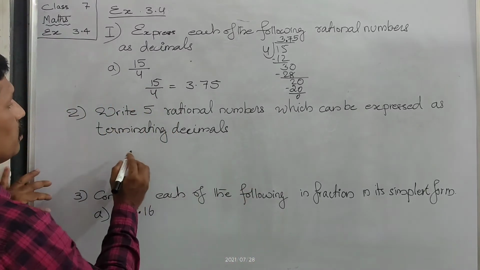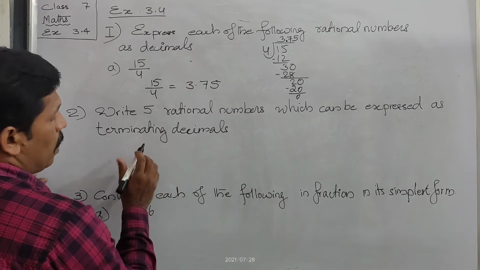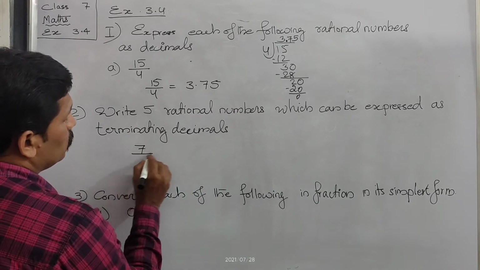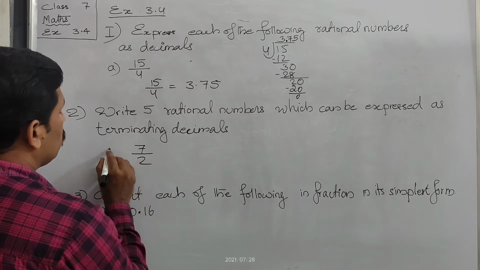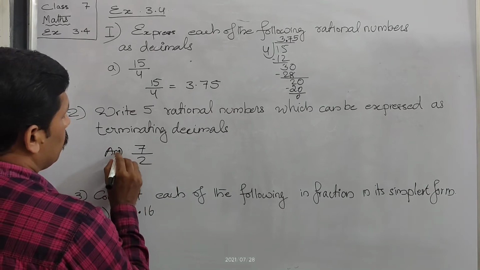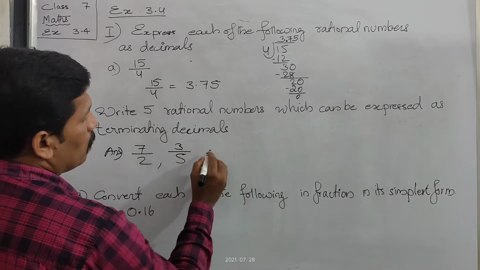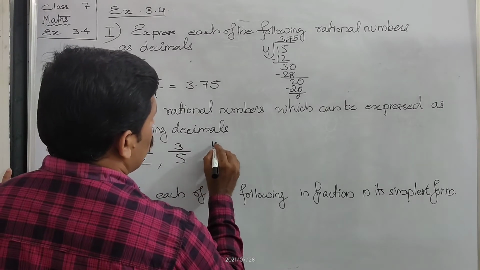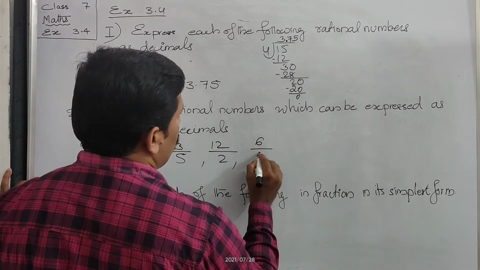So we can write 5 numbers with only one condition, that the denominator should be 2 or 5. So we can write 7 upon 2. That is one rational number. And another 3 upon 5. Another 12 upon 2. And 6 upon 5.